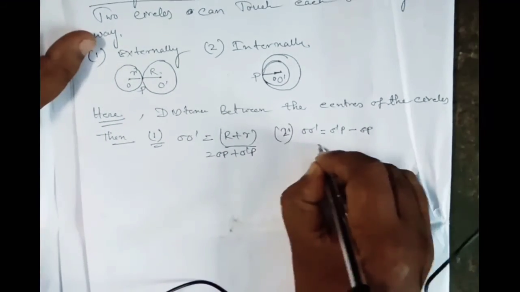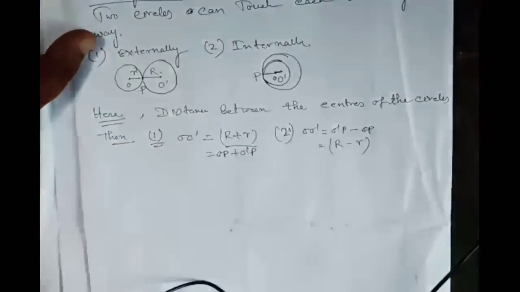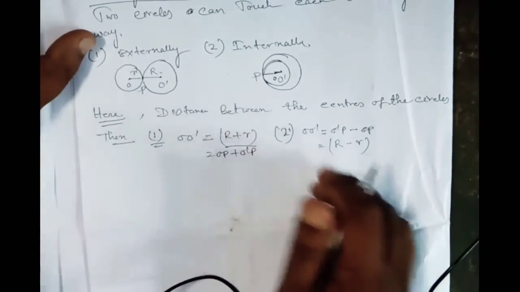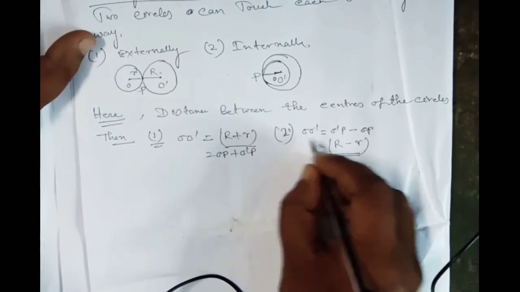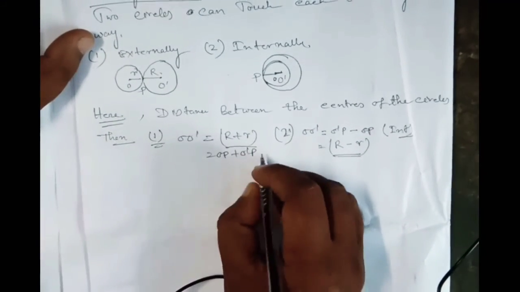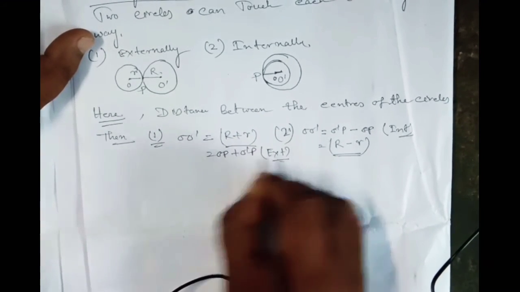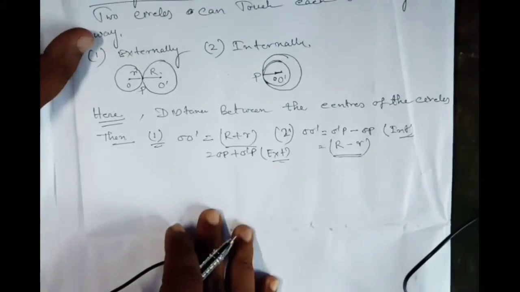Understood? So O dash P is equal to capital R, OP is equal to small r. So this is for internally, and this is for externally. Understood?